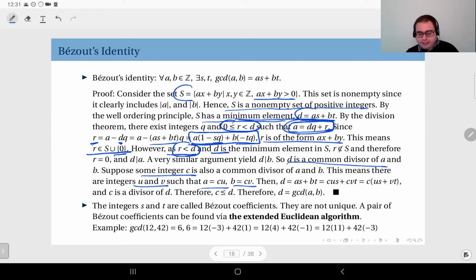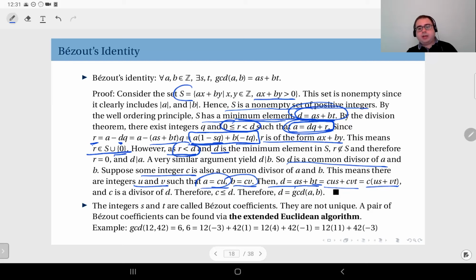Okay? And then, since D equals A times S plus B times T, because we have defined it to be as such, and if you replace A with C times U and B by C times V, you get C times U times S plus C times V times T, which can be written in this form.